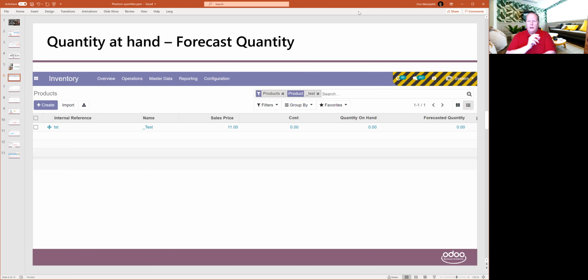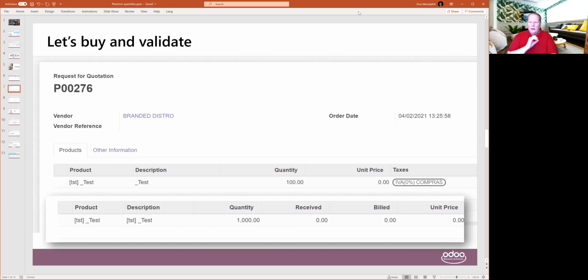So when you are creating a product, and you have 0 quantity on hand, and you have forecasted quantity, what it means is that every single time when you are doing a purchase or sale of the product, and when you are validating this sales order or purchase order, and this is actually quite important, it also applies to the internal transfers as well.